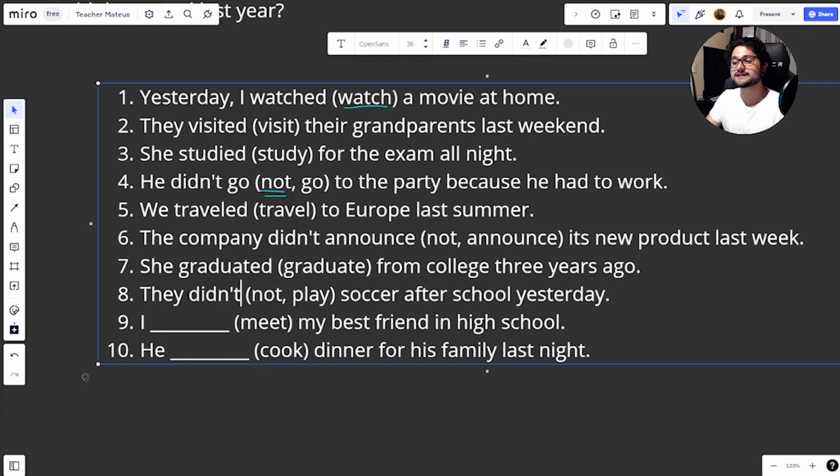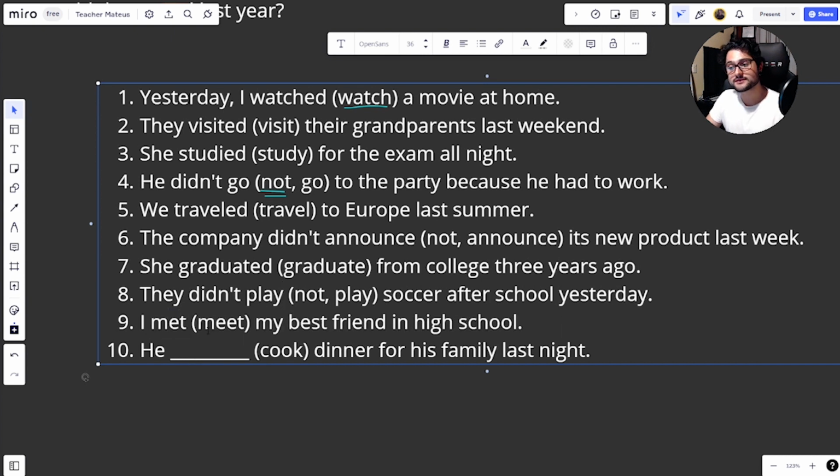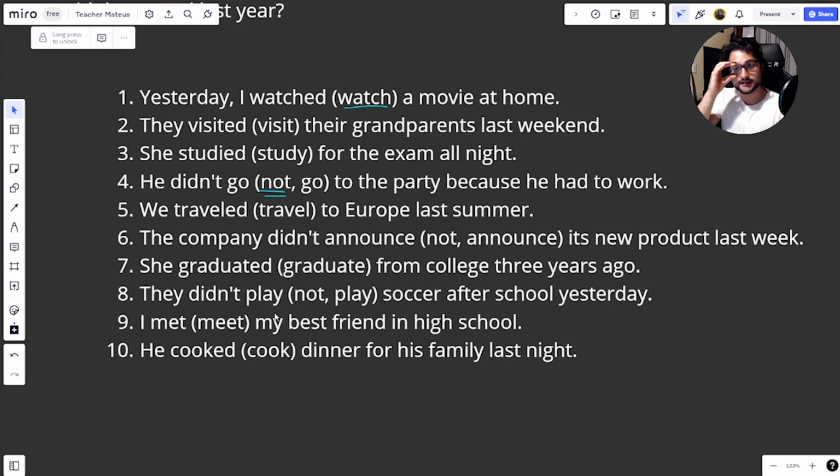They didn't play soccer after school yesterday. I met. The past of meet, guys, is met. I met my best friend in high school. And then finally, he cooked dinner for his family last night.